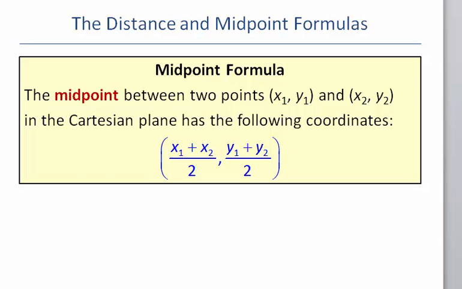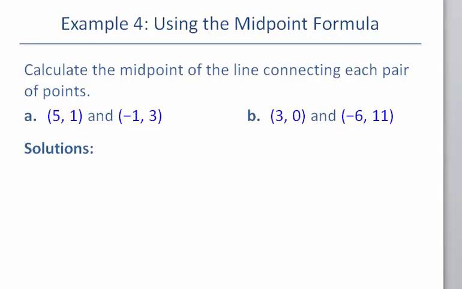To calculate the y value, you're going to take y1 plus y2 and divide by 2. Let's also look at 2 examples for the midpoint formula. So remember that the formula says that you're going to add the x's together and divide by 2. And you are going to add the y's together and divide by 2.